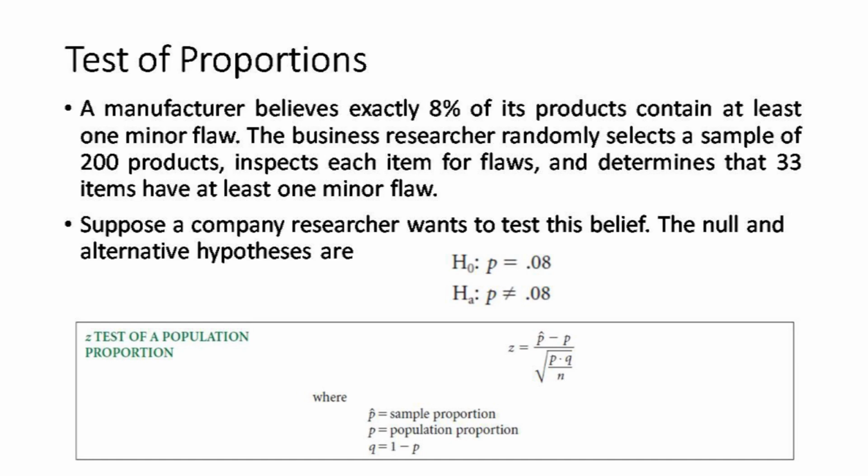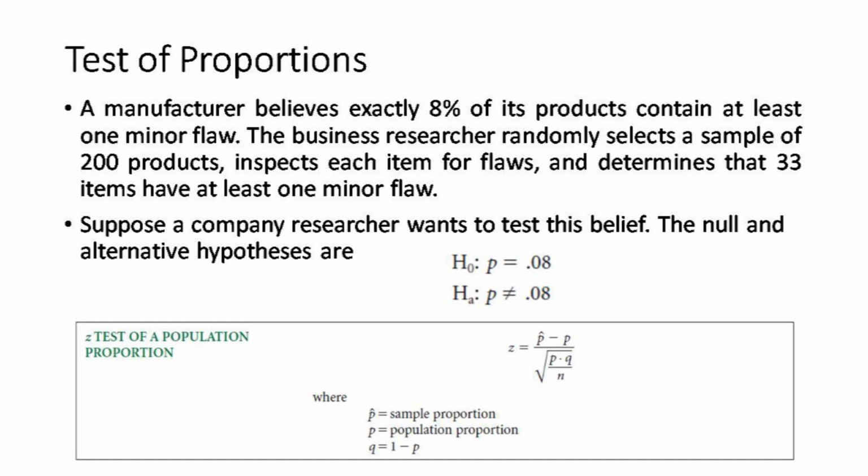If we want to test this hypothesis, then we can make use of the Z test of a population proportion. We already took up Z test for mean in lesson 7.